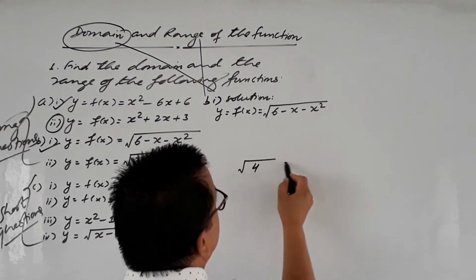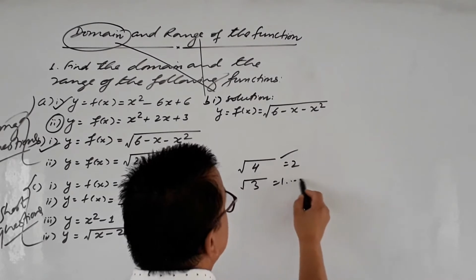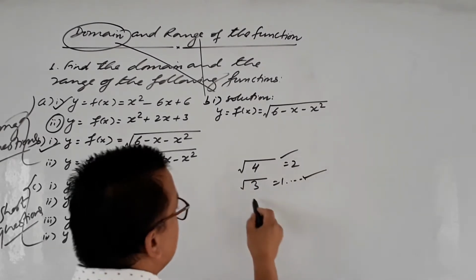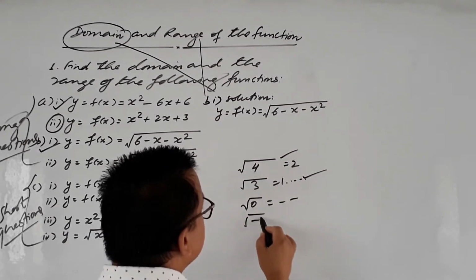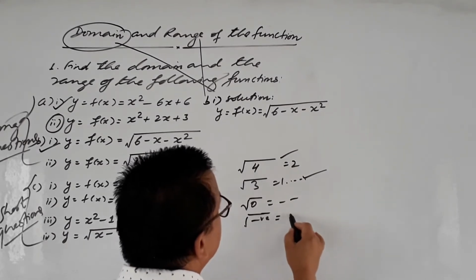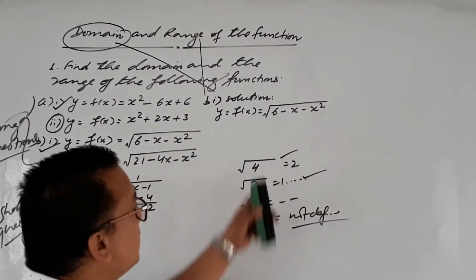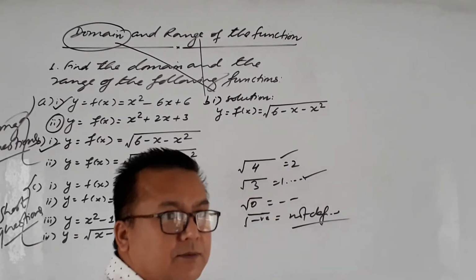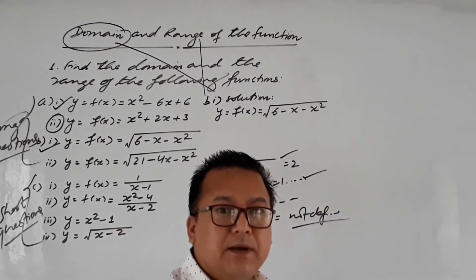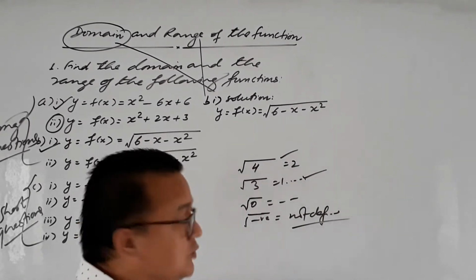Let me tell you, the square root of 4 we can find out, and the square root of 3 also, 1 point something, we can find out, and the square root of 0 also we can find out, but the square root of a negative number we cannot define. If it is a perfect square we can get it over here, and for any real number except negative, we can find out the square root.